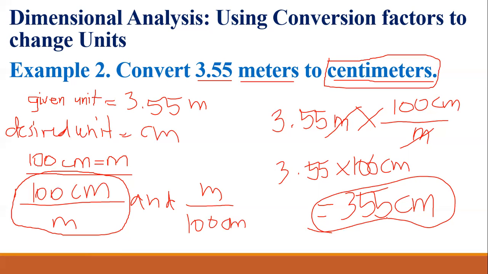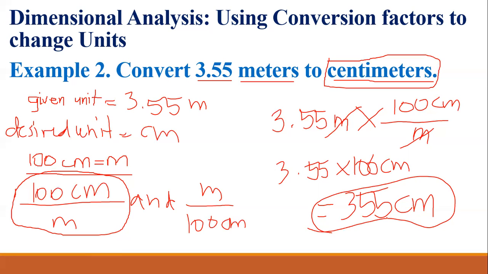Since the math involved in dimensional analysis is multiplication and division, the number of significant figures in each number being multiplied or divided must be counted, and the answer must be limited to the lesser count of significant figures.